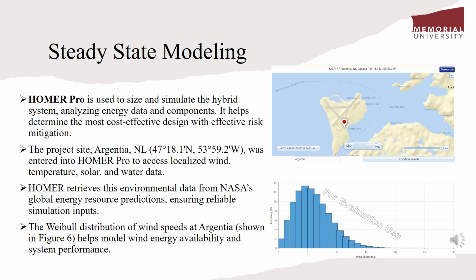HOMER pulls this data from NASA's Global Energy Resource Predictions, which ensures accurate and consistent environmental inputs. As shown in the lower right chart, the distribution of wind speed at Argentia helps model the variability and availability of wind, which is critical for estimating hydrogen production potential and overall system performance.